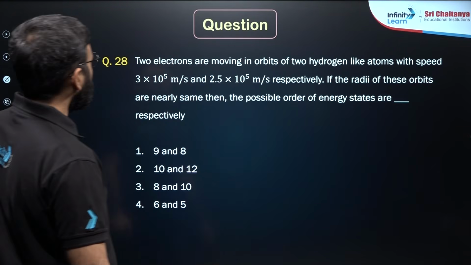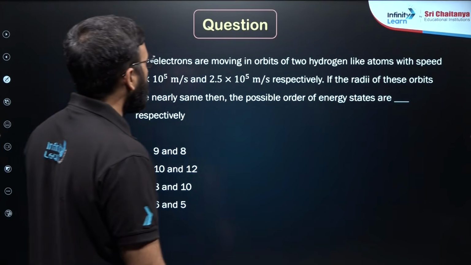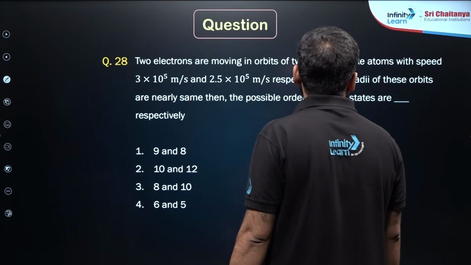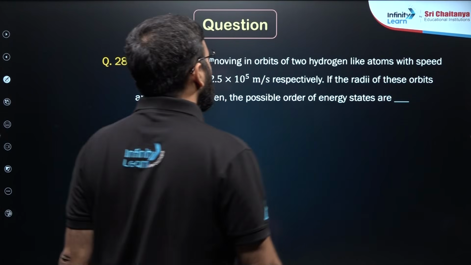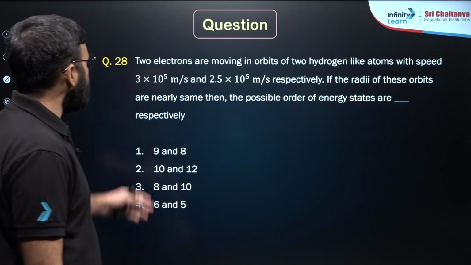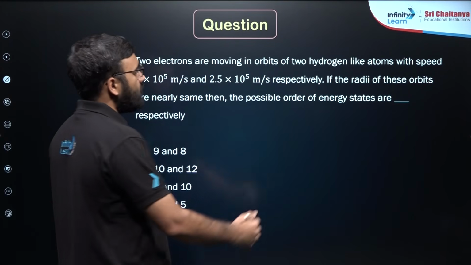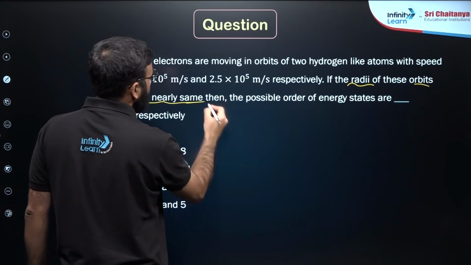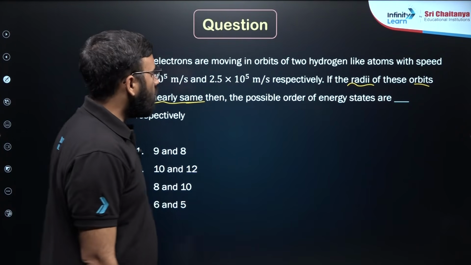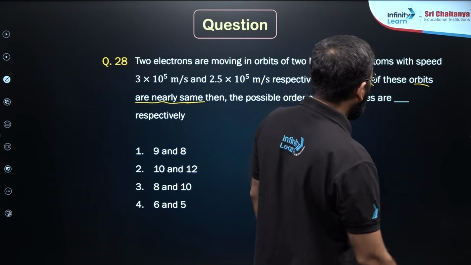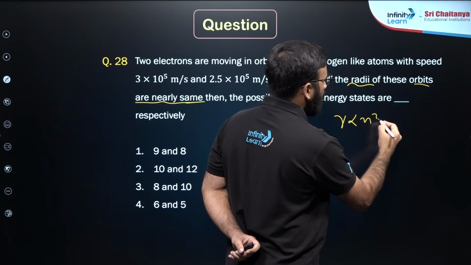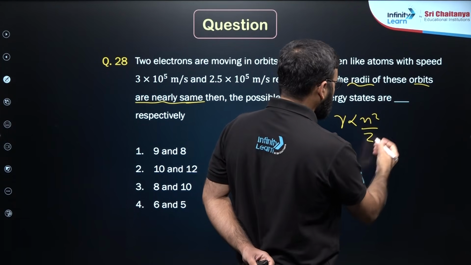Next one. Two electrons are moving in orbits of hydrogen-like atoms with speeds given respectively. If the radii of these orbits are nearly the same, then what is the possible order of energy? Beta, all of you know, the radius R is proportional to n square upon Z, and both are the same.